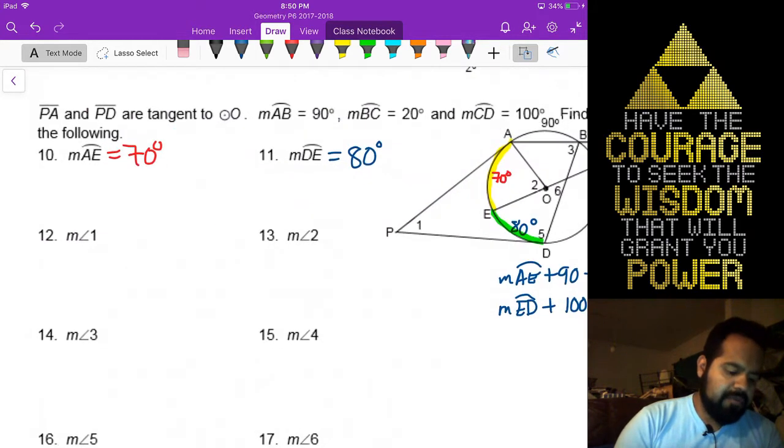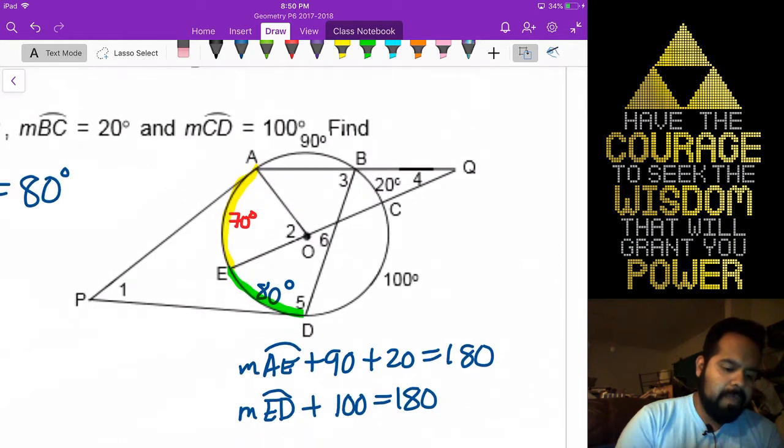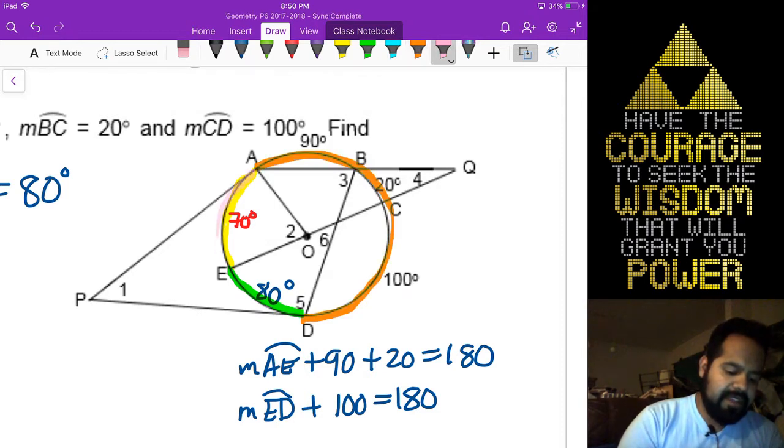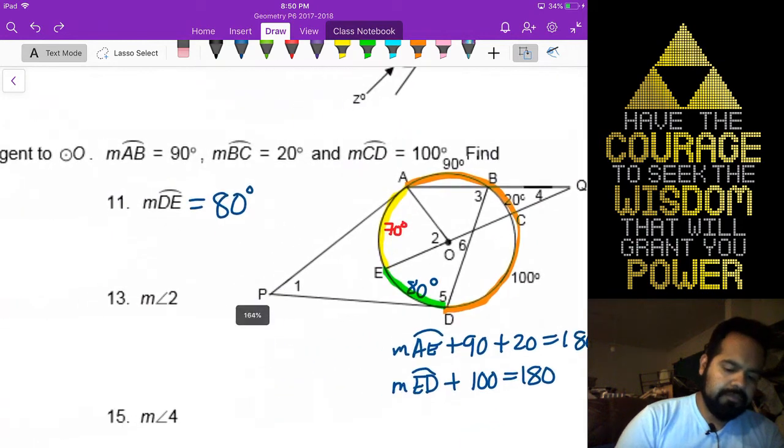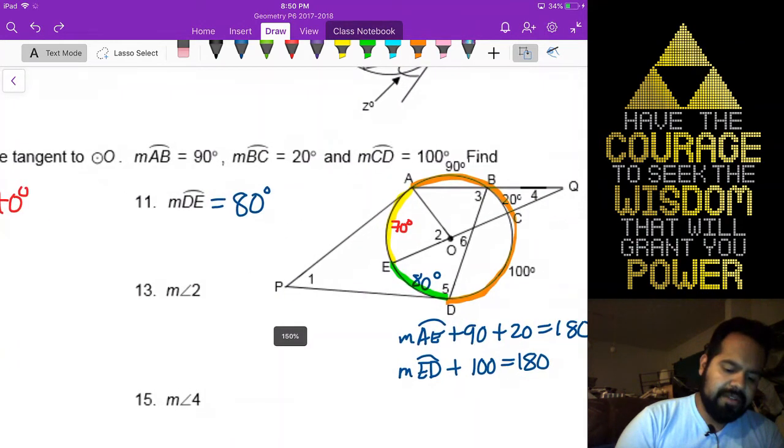Let's see here. Number 12, I'm finding angle 1. Well, angle 1 is an outside angle. So that means I'm going to be doing my outside arc minus the inside arc, which we actually have here, divided by 2 equals angle 1. So let's see here.